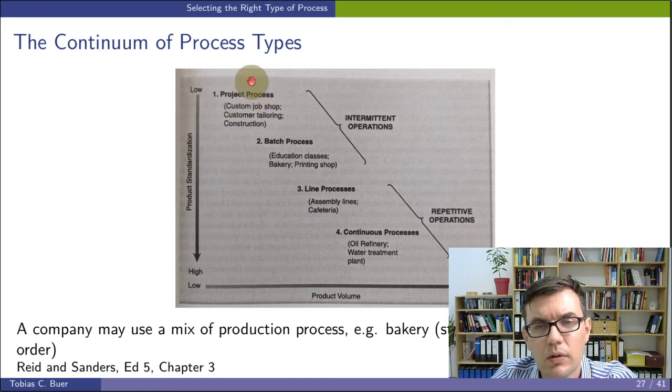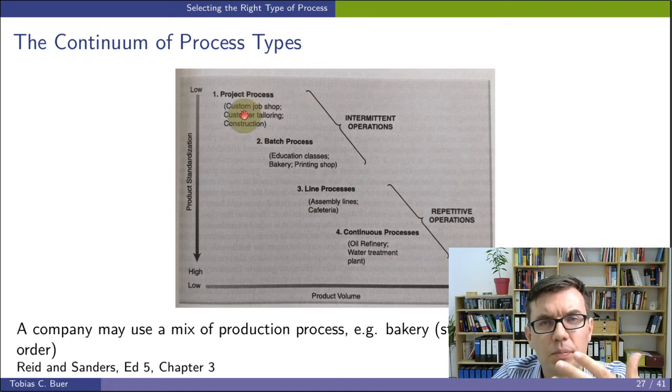Now we can classify 4 different production processes: project processes, batch processes, line processes, and continuous processes. The project processes usually have an extremely low degree of standardization.